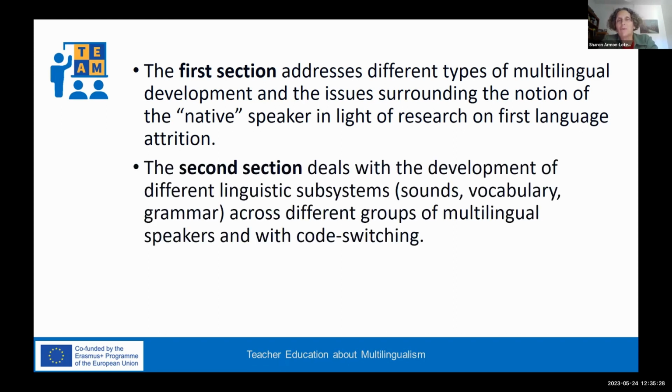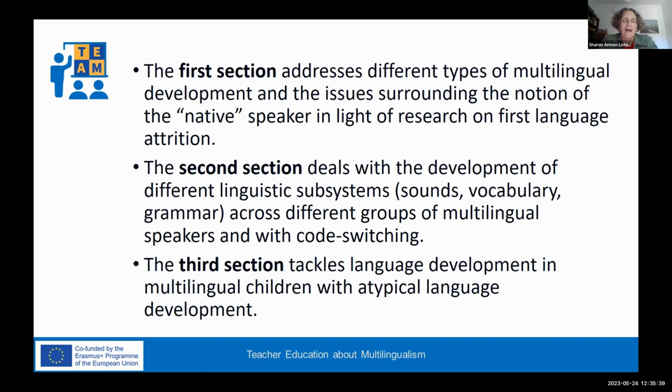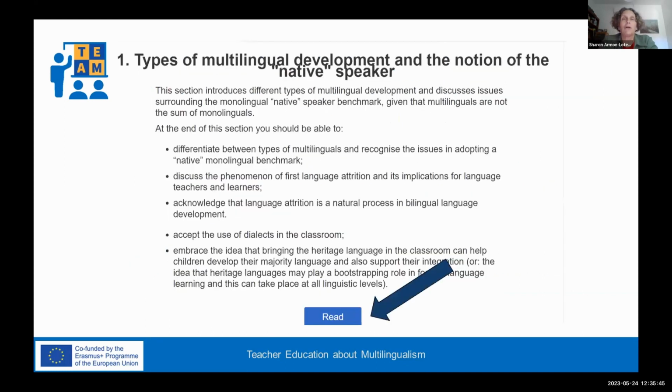The second section deals with the development of different linguistic subsystems, sounds, vocabulary, grammar, across different groups of multilingual speakers, and also deals with code switching. The third section tackles language development in multilingual children with atypical language development, and the focus is both on DLD and ASD.